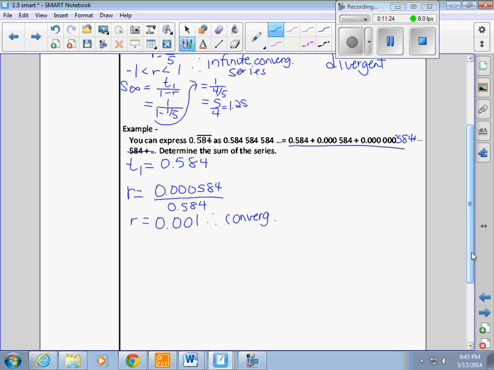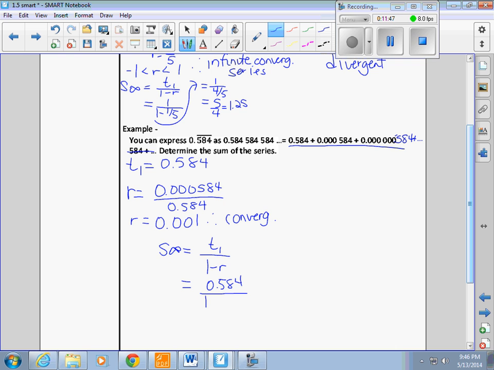So that means that I can then use my formula, my infinite sum, or sum of infinite numbers, formula. So that's term 1 over 1 minus r, and find out what sum this would get close to. So term 1 was 0.584.